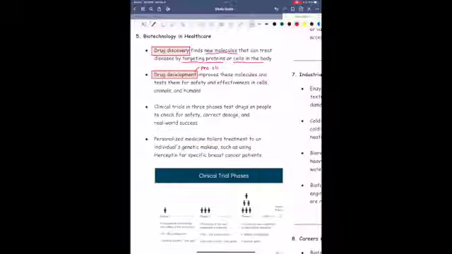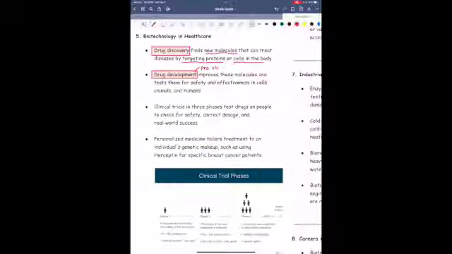Once that molecule has been discovered, it then goes into drug development phase or preclinical trials. And there they just improve the molecules and they test them for safety and effectiveness in animals and other in vitro situations. So once we go through those two steps, now we enter the three phases of the clinical trials.